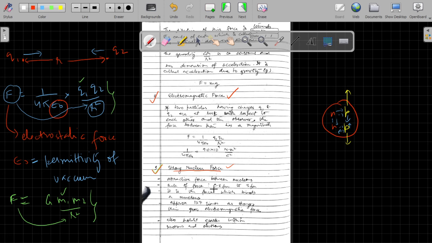This force acts at very small distances, that is 0.8 fermimeter to 3 fermimeter.